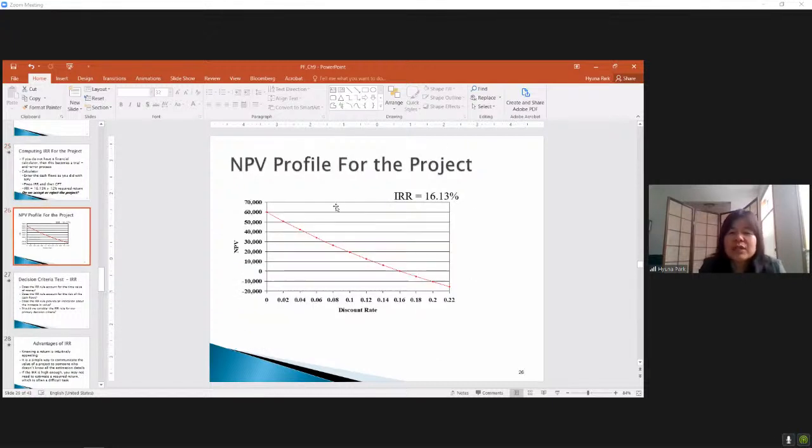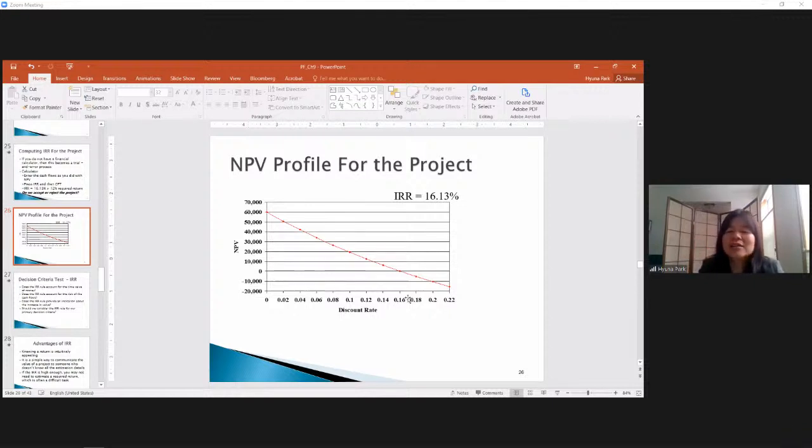This chart in this slide shows the relationship between the discount rate and the net present value of this project. Remember, the net present value of a project depends on the discount rate.